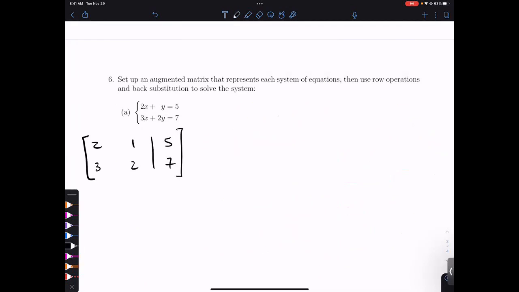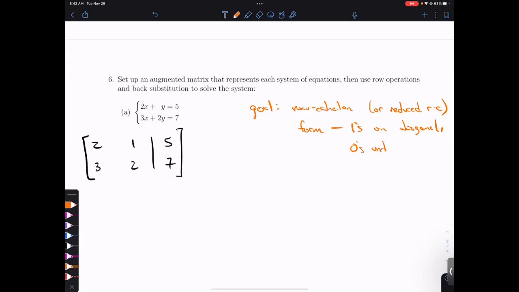Doing these row operations by hand, our goal is row echelon or reduced row echelon form. So ones on the diagonal, zeros underneath.